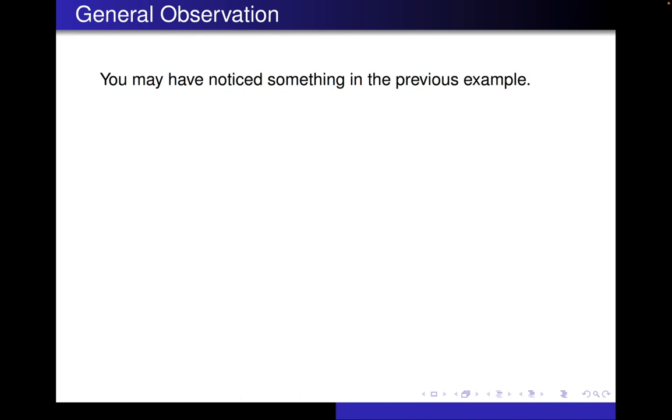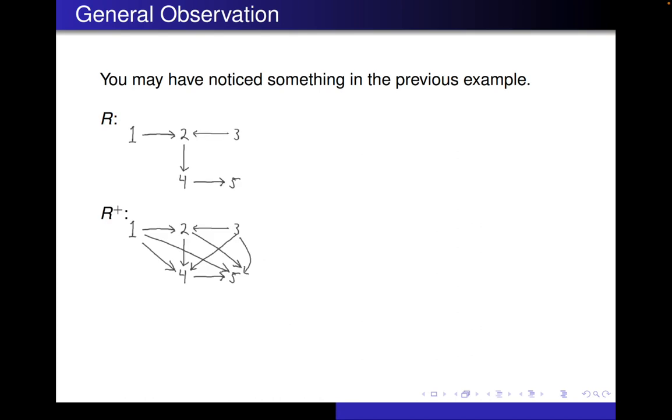All right, so I want to make another observation that maybe you noticed in the previous example. Maybe you didn't, but let's go ahead and see it. Here's our original relation, and here are all the arrows that we get with the transitive closure.